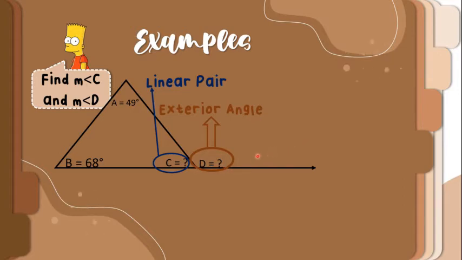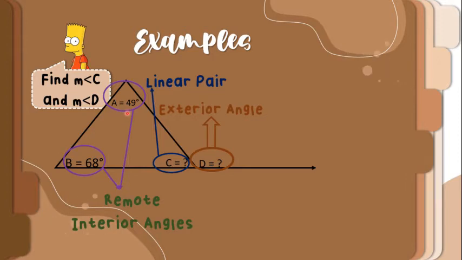That is always equal to 180 degrees. And the last angles that we have are the remote interior angles. Remote interior angles in this figure are angles A and B. Angle A has a value of 49 degrees and angle B has a measurement of 68 degrees.